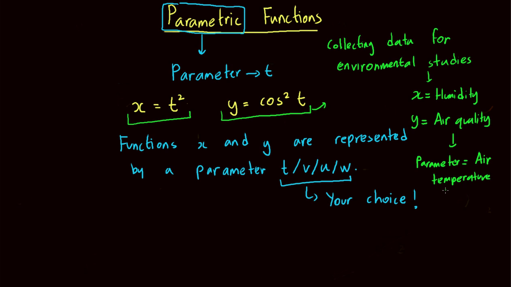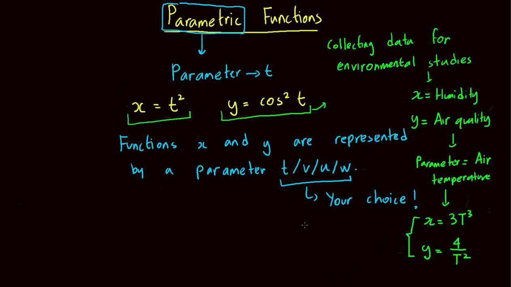So we can represent the humidity as a function of temperature. For instance, x is equal to 3t cubed, and the air quality might be related to the air temperature by y equals 4 over t squared. We also want to find the relationship between x and y.